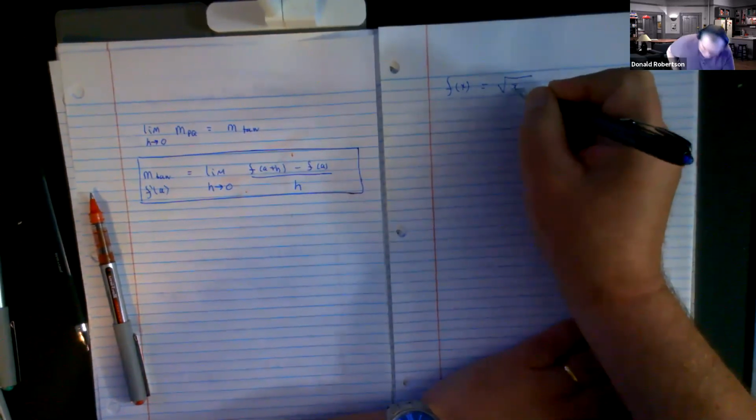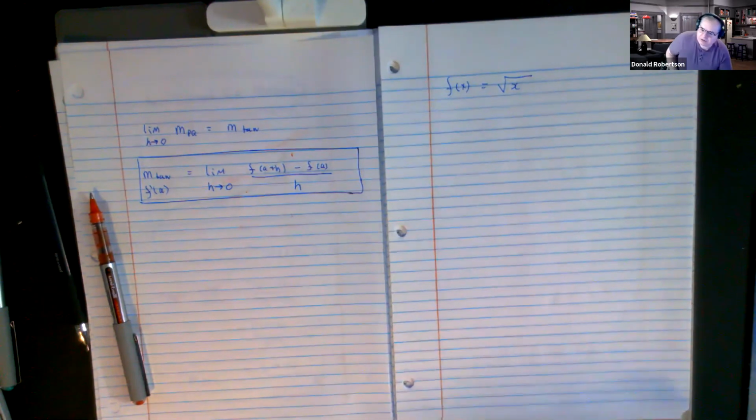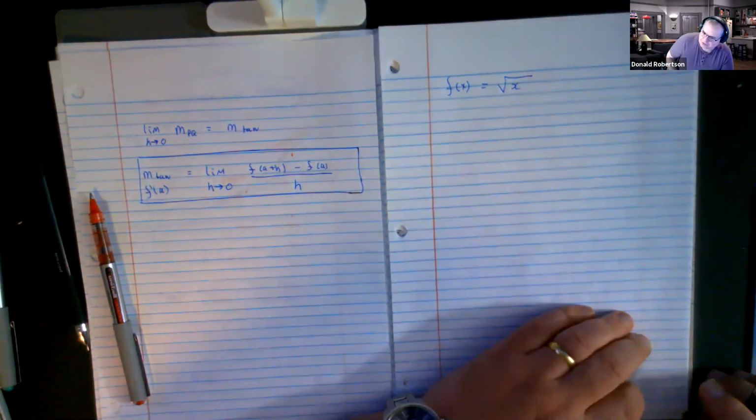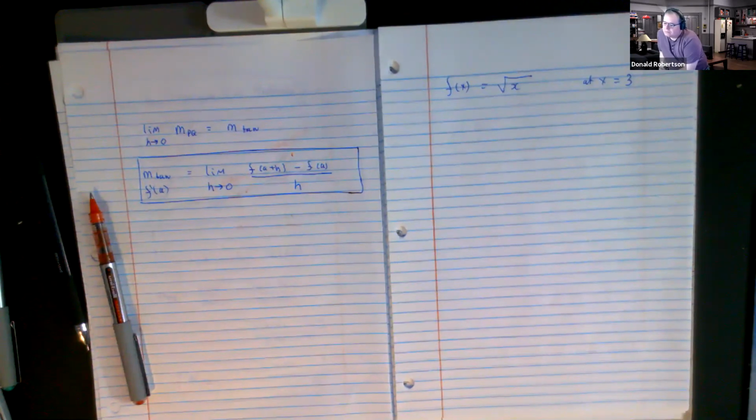In fact, this is going to be the last one for today. Let's find the slope of the tangent line of this function at, let's pick an ugly value, x equals 3.